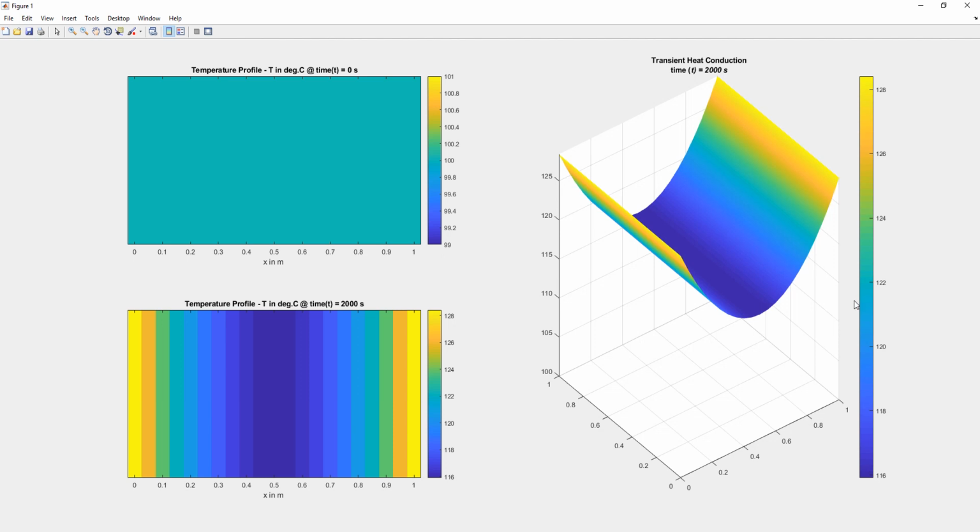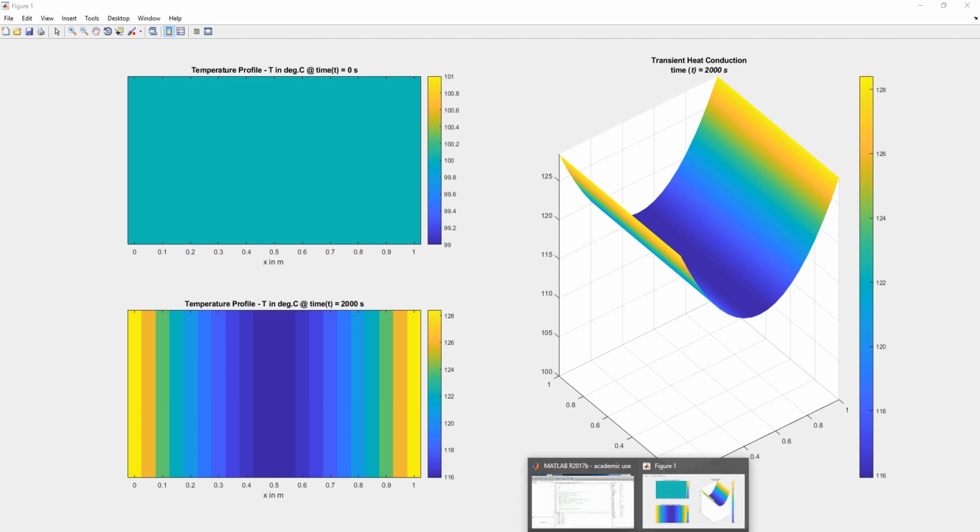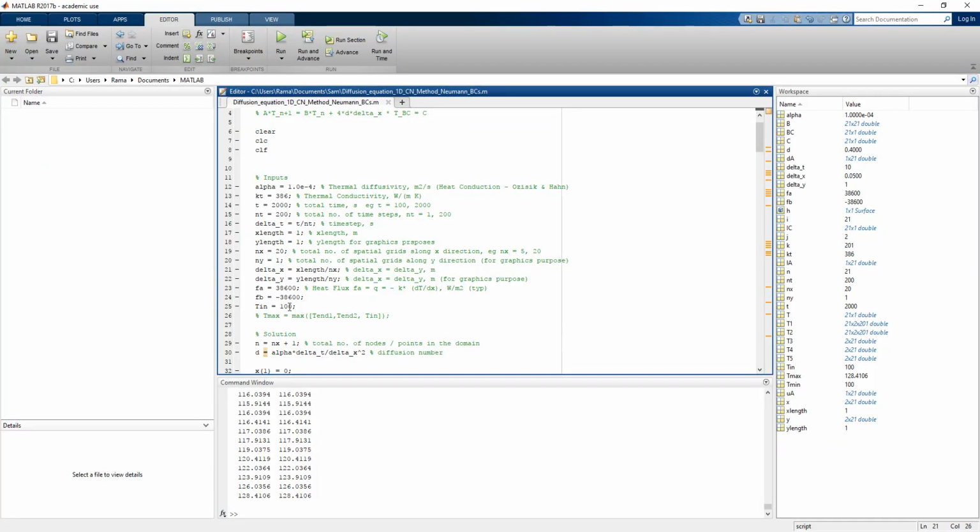Now our program has run. We can go back to the MATLAB program, and if you like, we can change the direction of the flux. If we apply a negative flux, we are taking heat out from the bar. So let's see what happens. We'll run it again.